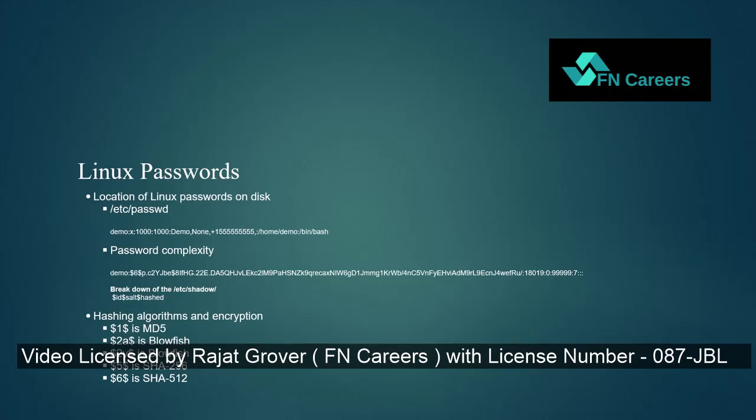In the example below, you can see the contents of the /etc/passwd file. We have a username, which is demo, X for the password, and the user ID, which is 1000. The full name would be demo, and additional information like phone number and so on.